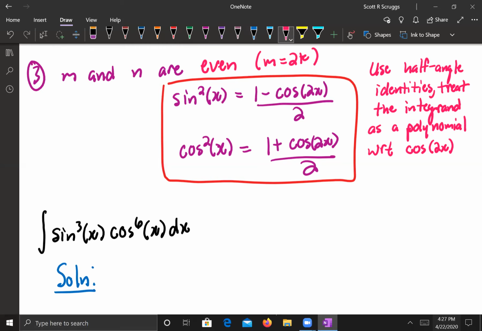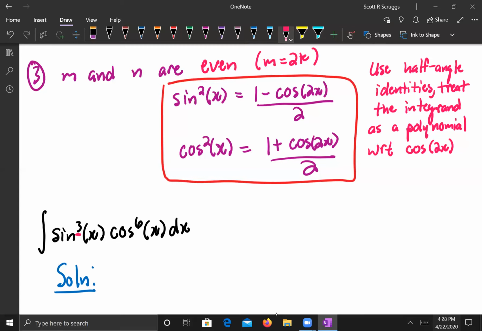Alrighty, let's go to the solution. So the one that has the sine or the odd power is the sine, which means I'm going to follow the same algorithm that we do when we have an odd power for sine. So let's tackle how we do that.